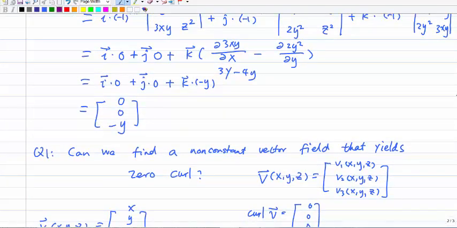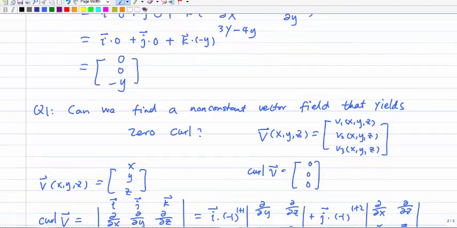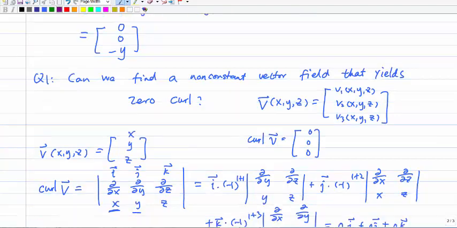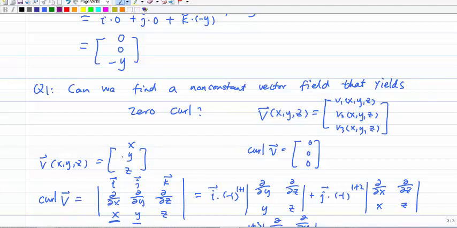I'm going to pose two questions about the curl. The first one is, can we find a non-constant vector field that has zero curl everywhere? Of course. If my vector field is always constant, for example 1, 1, 1, of course you will have zero curl because there's no rotation here.